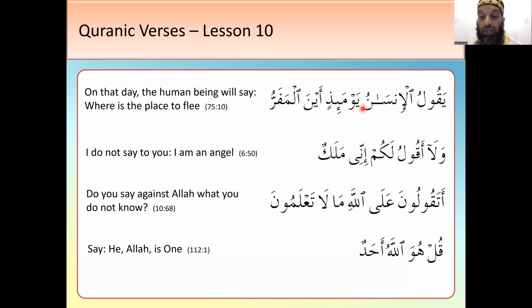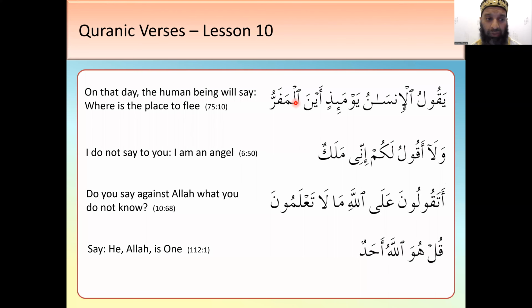So, yaqulul insanu, he says, mankind, on that day. It translates as, he will say, on that day. So on that day, the human being will say, aina, where is the al-mafar? Where is the place to flee? Mafar means a place to flee.